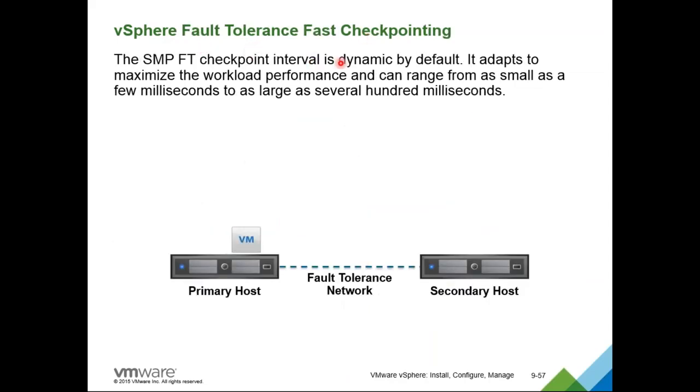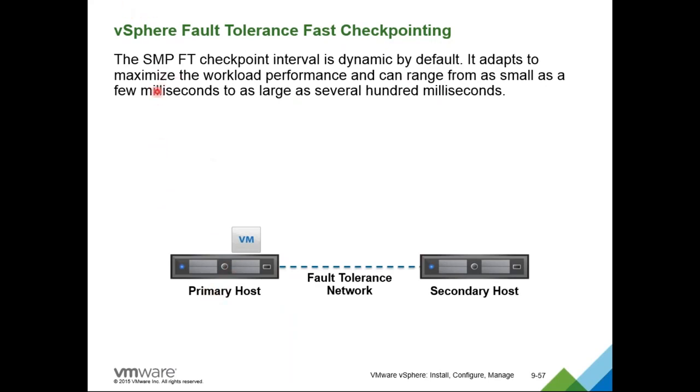So vSphere Fault Tolerance fast checkpointing also functions the same way. The symmetric multiprocessing fault tolerance checkpoint interval is dynamic by default. For fault tolerance between these FT-enabled hosts, SMP, symmetric multiprocessing, is represented by your processor.